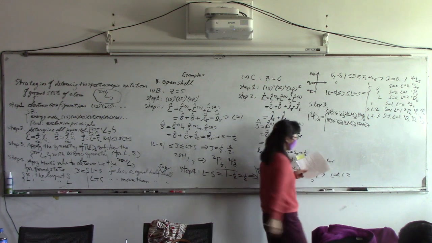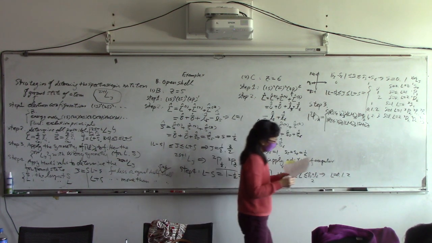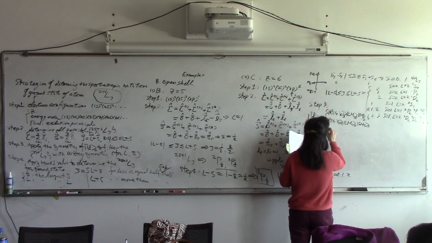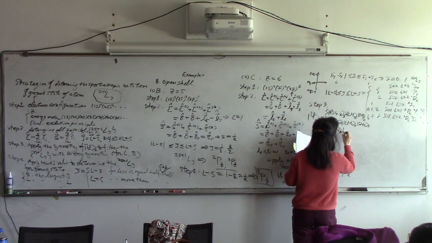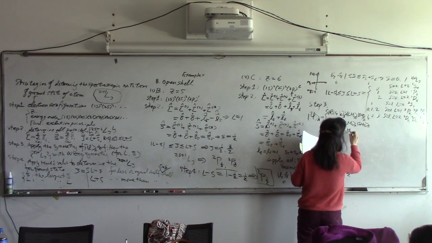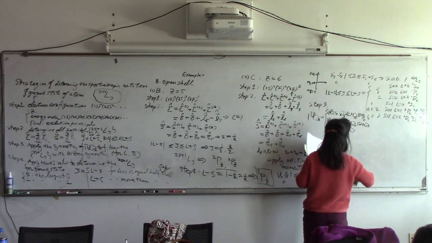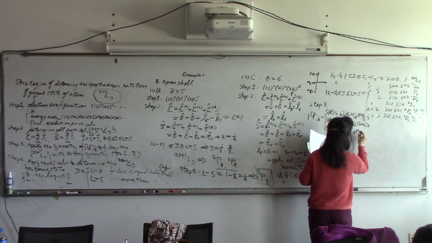Symmetric, symmetric, antisymmetric. Okay, or the radial part is antisymmetric, the orbital part also antisymmetric, symmetric, and the spin also symmetric.